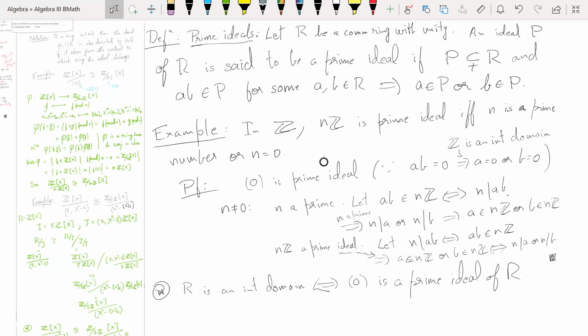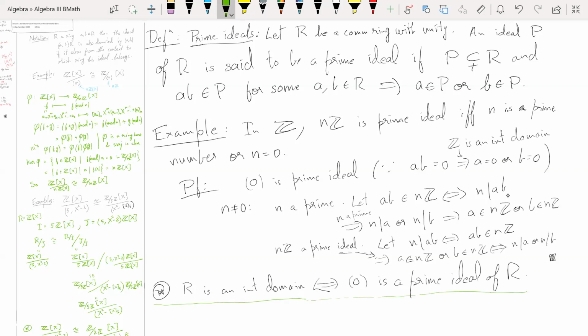And of course, you can replace Z by any integral domain. So that is the note I put. So in fact, you come to this remark. So this proof shows that if R is an integral domain, then 0 is a prime ideal of R. And in fact the converse is also true.